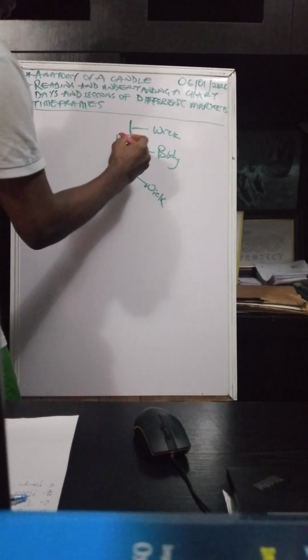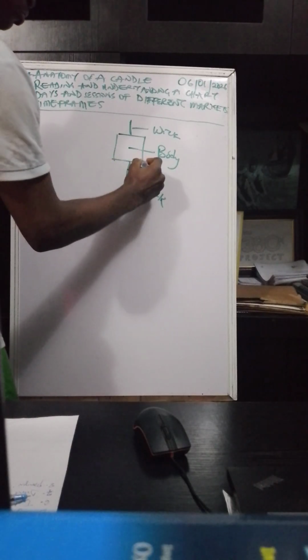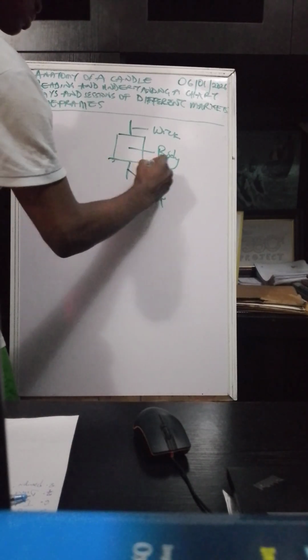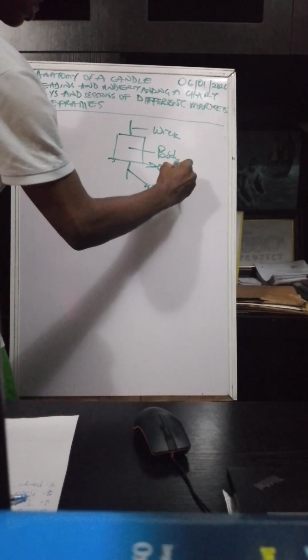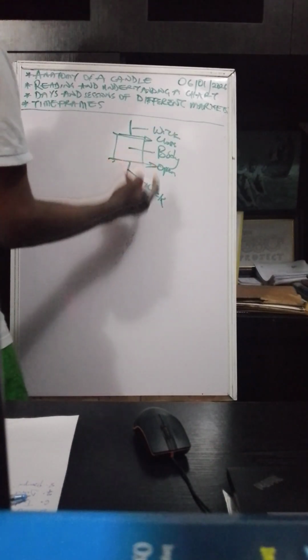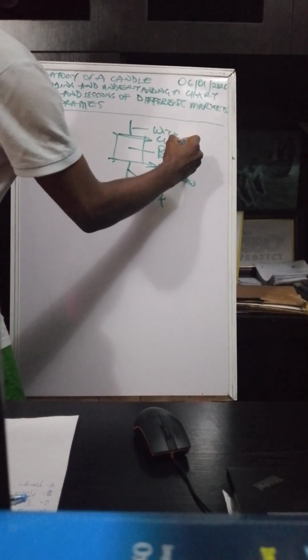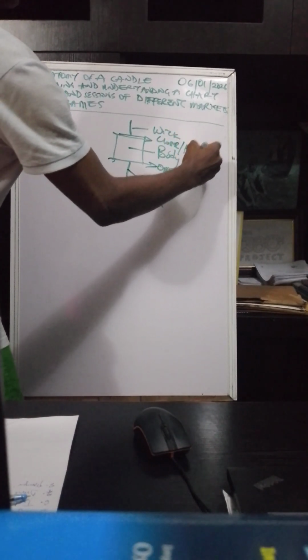If this was white, which is bullish, we call this price the open, and this the close. We can also call this the low, and this will be the high. I hope you can see.